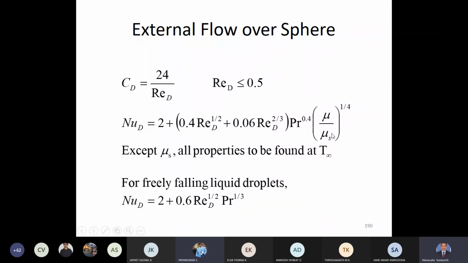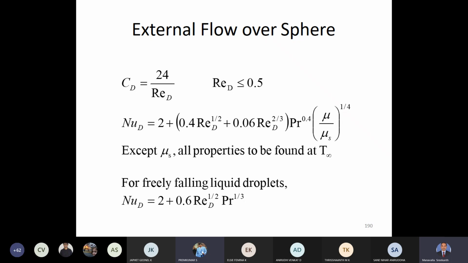Mu is the dynamic viscosity of the fluid at T infinity, and mu s is the viscosity of the fluid at the surface temperature. Except for mu s, which must be evaluated at the surface temperature, all other properties must be evaluated at T infinity, not the film temperature. That's something you need to remember.